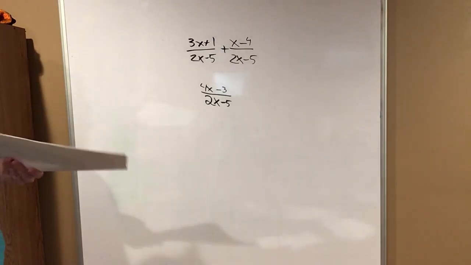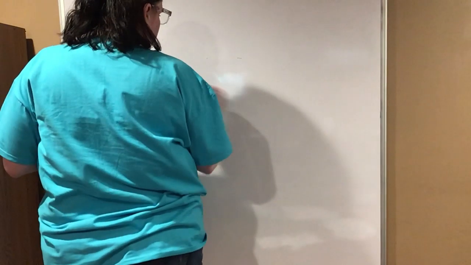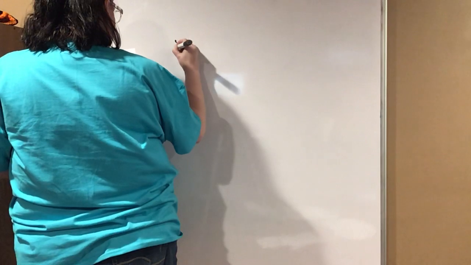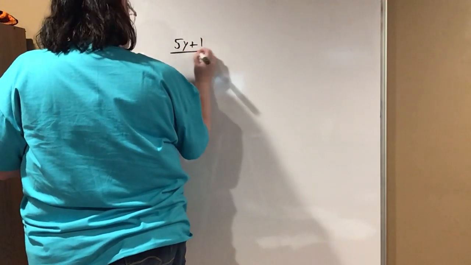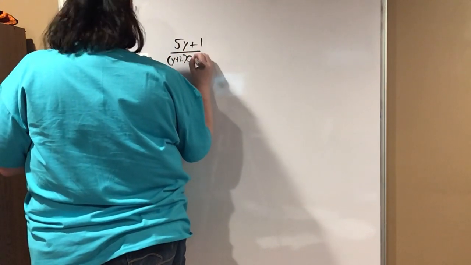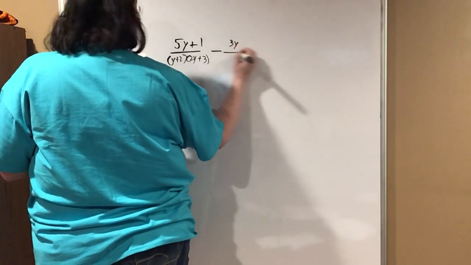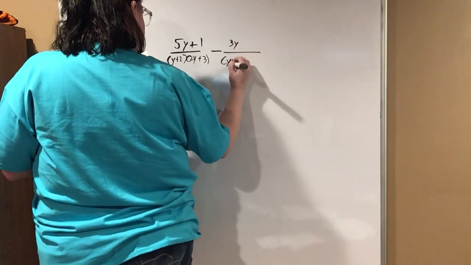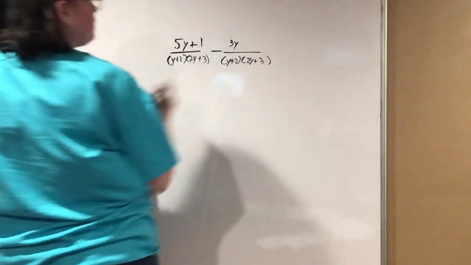So it's the same thing with a subtraction. You have to make sure you have a common denominator. So if we're given 5y plus 1 over 2y plus 3, and we're going to subtract 3y from it, and we have y plus 2 over 2y plus 3.